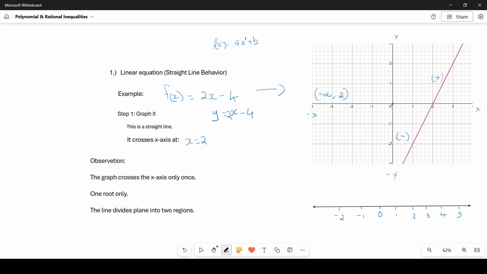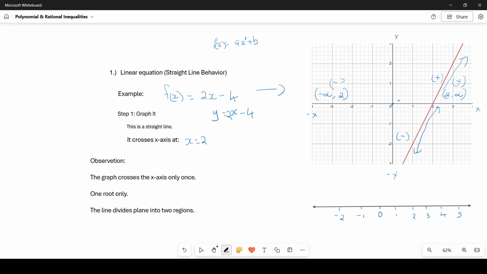So the result is negative in this interval. And 2 comma positive infinity, the y values are positive. So this side is positive, and this side is negative. Below this point is the negative side, and going upward is the positive side. So from this graph we can also identify this sign changing process.